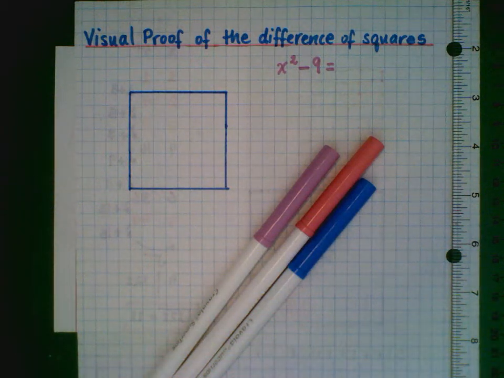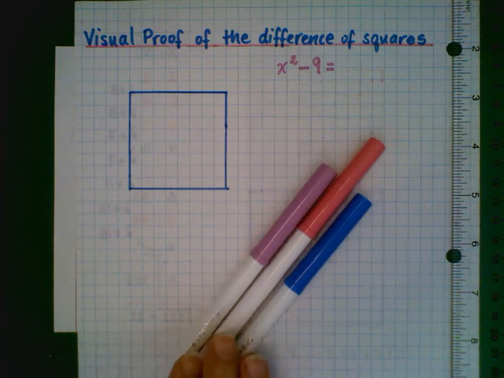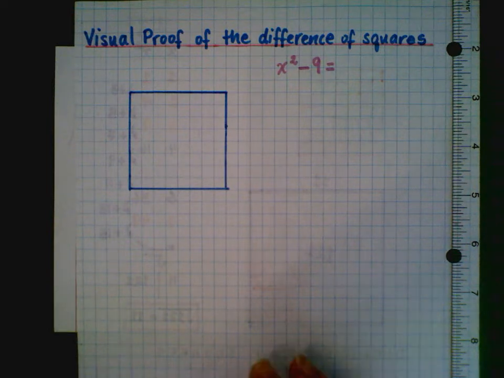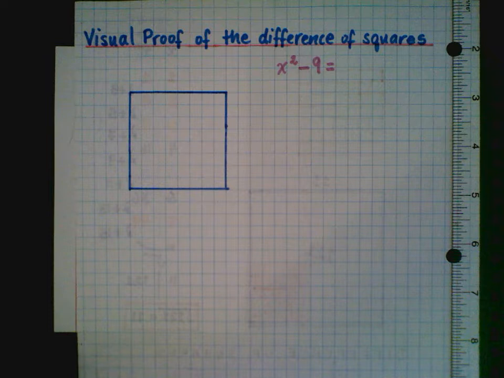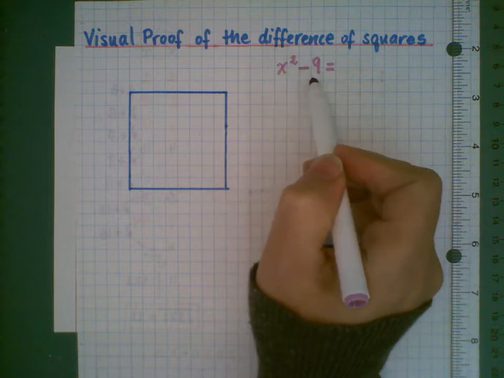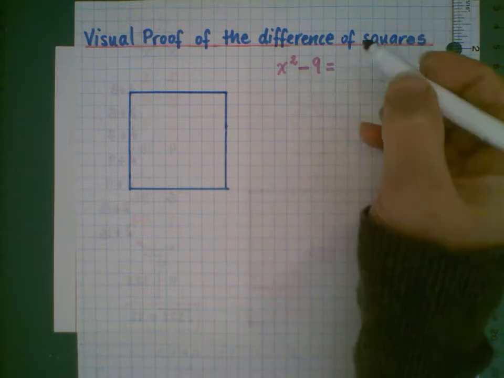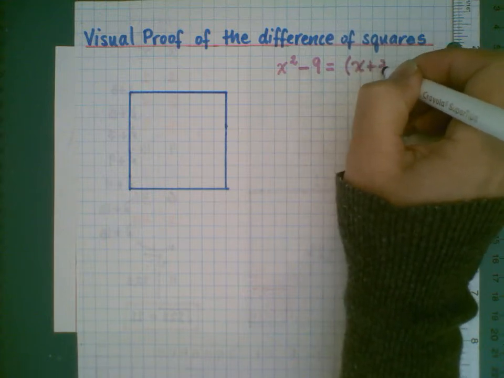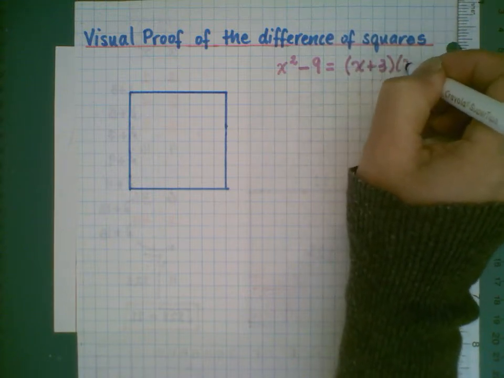Hello, in this video I'm going to be showing you a visual proof of the difference of squares. So if you've been studying factoring previously and you've looked at the difference of squares, you maybe already know that the polynomial x squared minus 9 can be factored into x plus 3 and x minus 3.